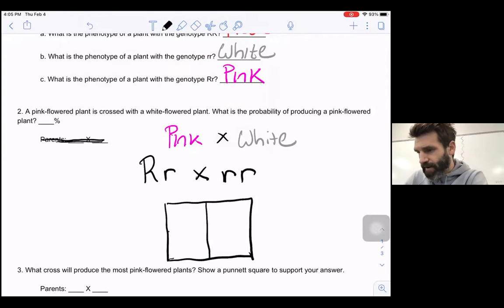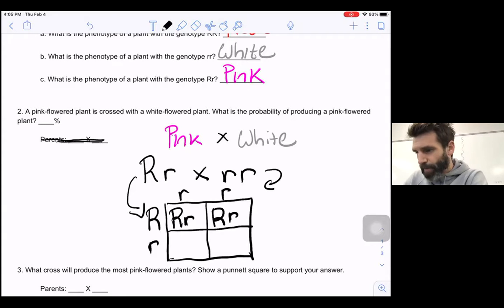Well, let's see here. So these go here, big R, little r. These go here, little r, little r. And I see a couple pink plants at the bottom and a couple white plants.